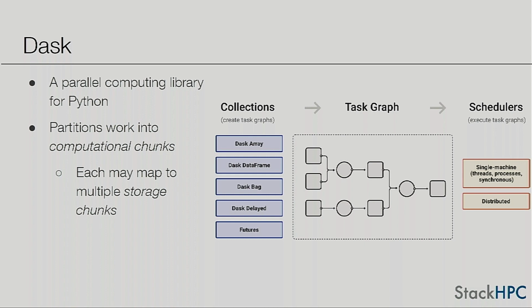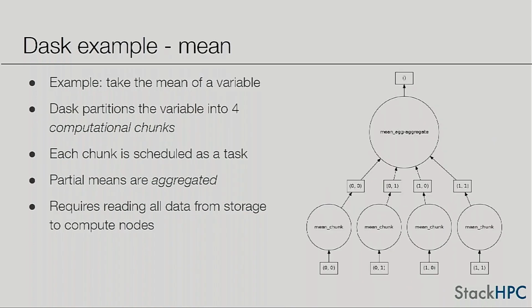It will build up a task graph and then map those tasks to worker nodes. And the key thing here is that the computational chunks might not necessarily map to the storage chunks that we just mentioned. So each computational chunk might map to multiple storage chunks or partial chunks. As an example, say we want to take the mean of a variable.